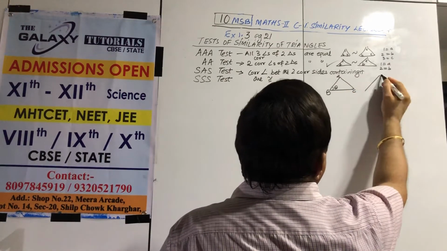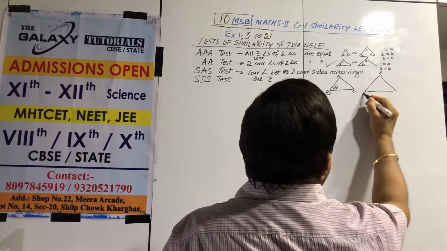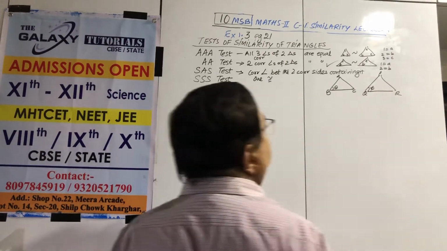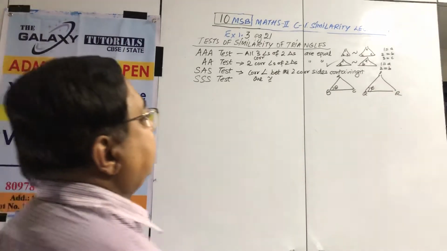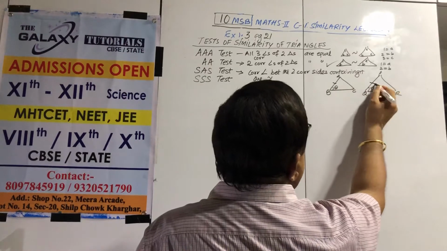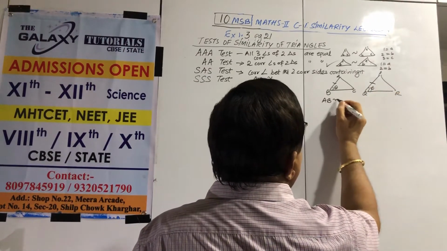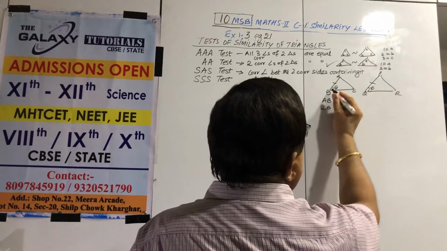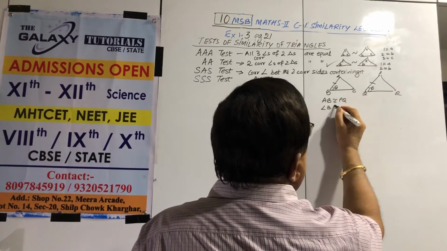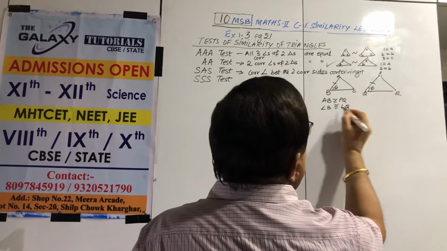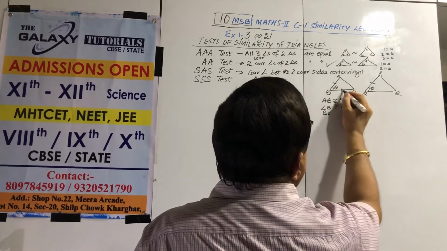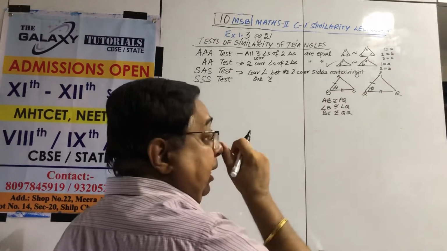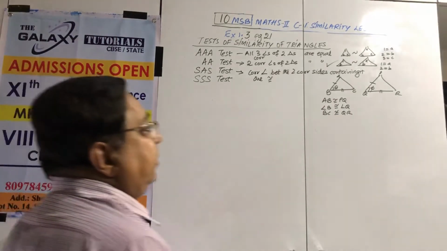And this is a second triangle, P, Q, R, and I am putting rho. So what does it say? So if AB is congruent to PQ and angle B, which is contained in between, is congruent or equal to angle Q, and BC is congruent to QR, angle should be contained in the sides, then they are similar.